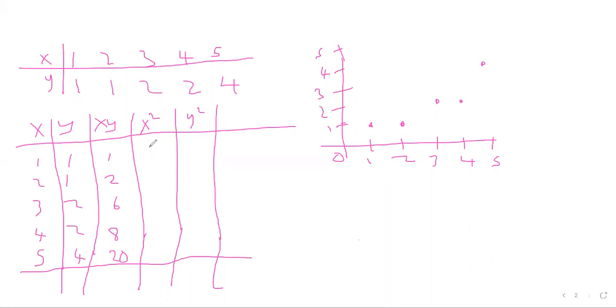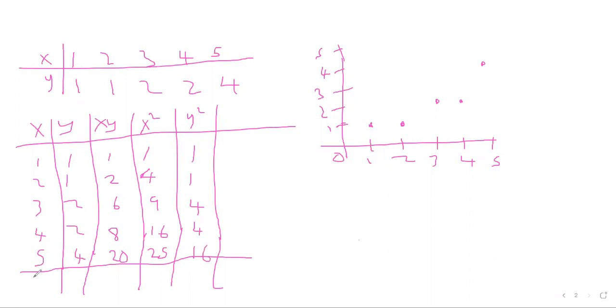And what are we having here? 1 and 4, 9, 16, and what? 25. And here we're just squaring this column and that column. 1, 1, 4, 4, and what? 16.